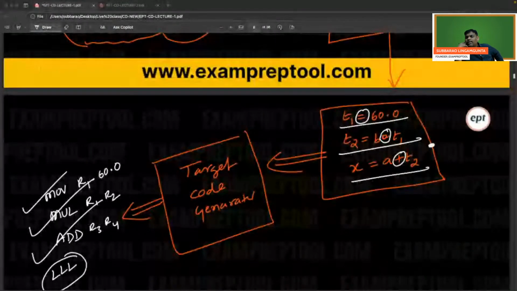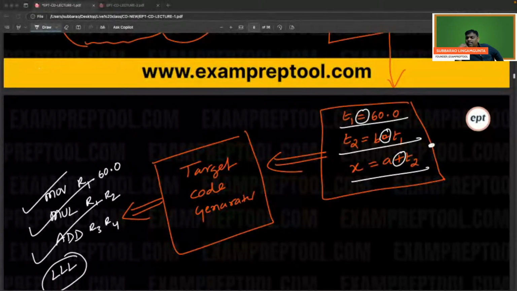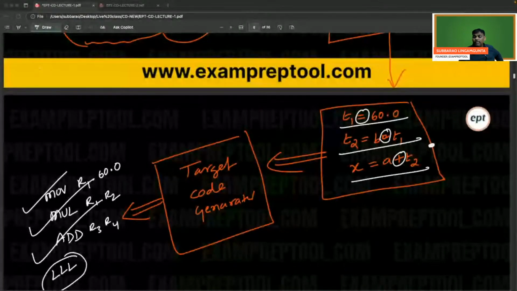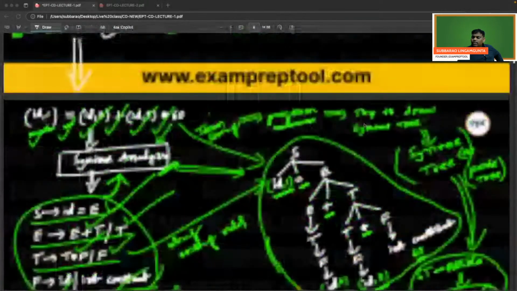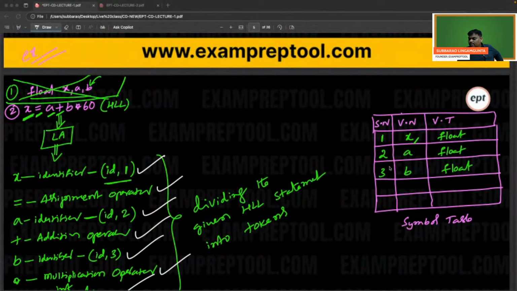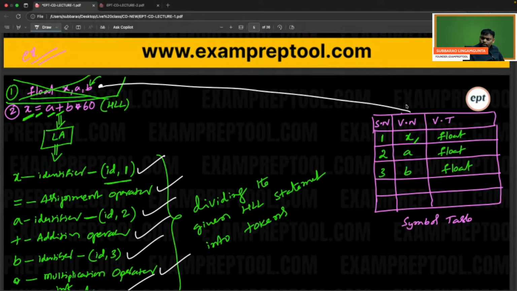Mostly inside the symbol table, the types are written by the semantic analyzer. That is the reason I said to you, these types are needed by semantic analyzer, so you only should store. By seeing declaration, the semantic analyzer came and stored it.